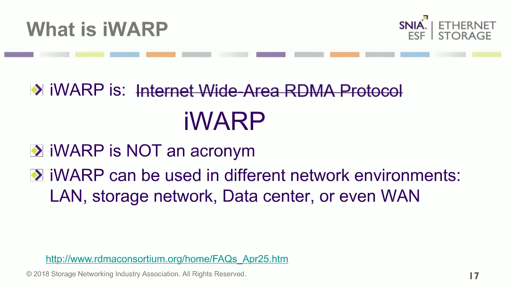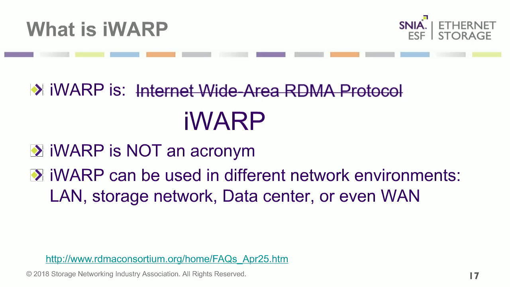So first off, I want to clarify one thing. A lot of people think iWARP is Internet Wide Area RDMA Protocol. It looks like an acronym, but it's not. iWARP actually is just iWARP. I put a link there so that you can see more detailed information from the FAQ on the RDMA Consortium website.